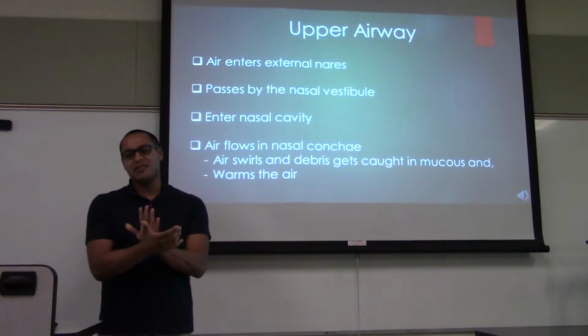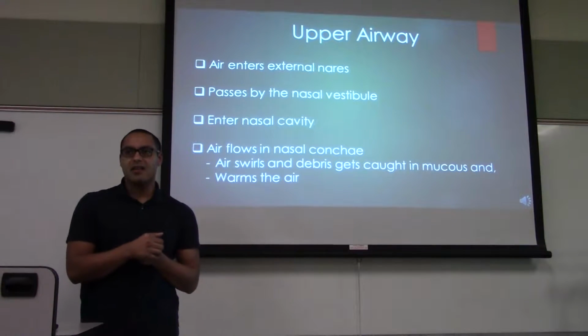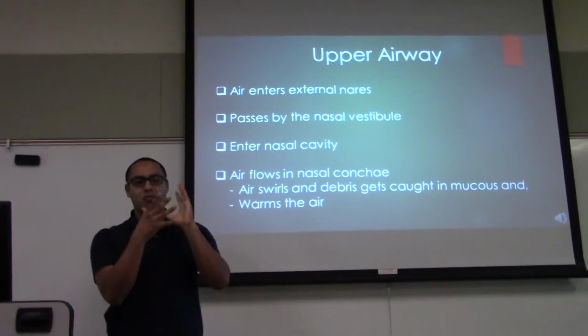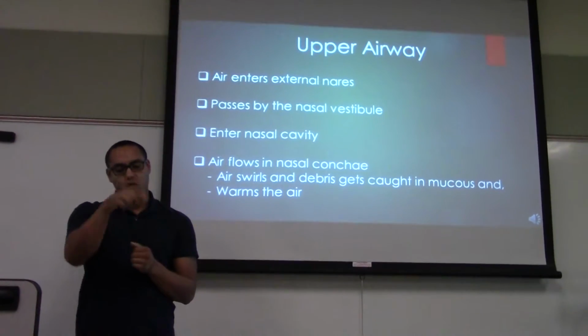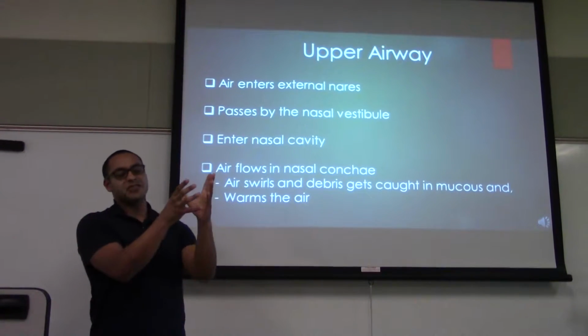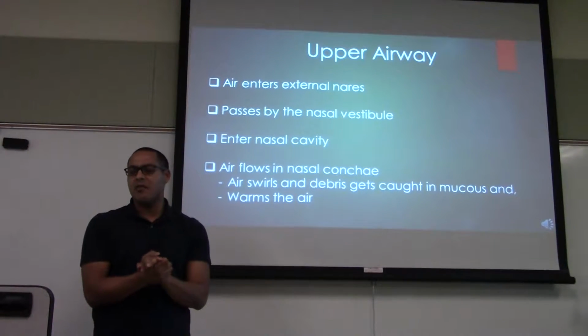Once the air enters the nasal cavity, it swirls in there, and if there's any debris or any type of particle, the swirling motion promotes it attaching to the walls of the upper airway, so it kind of protects it in that way.